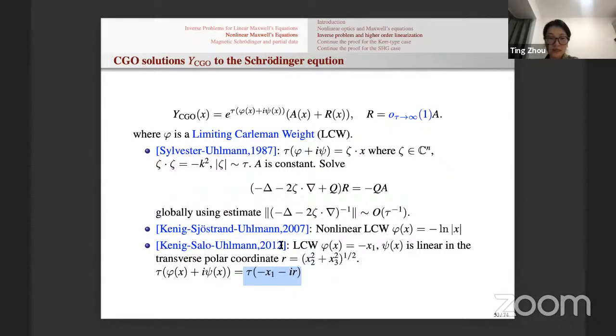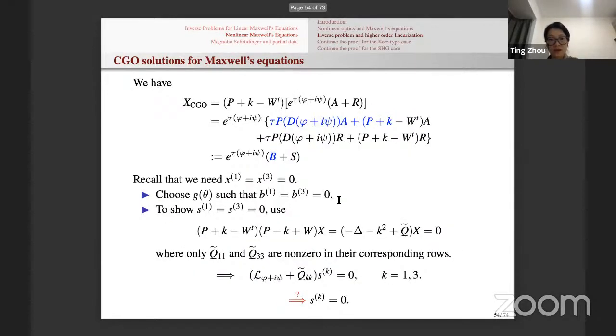Okay, so these last 2 are all for nonlinear limiting Carleman weights, for which you can derive the Carleman estimate and prove that you can construct the CGO solution for the Schrodinger equation. Okay. I guess for Maxwell's equations, as I mentioned, the difficulty always is how to get back to Maxwell from the Dirac system, the first order elliptic Dirac system.